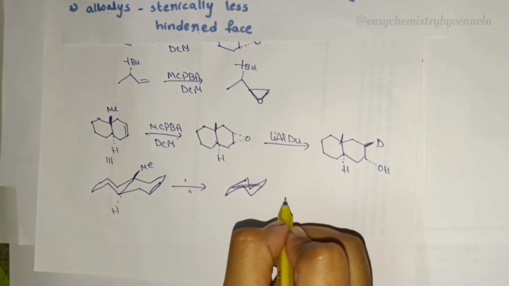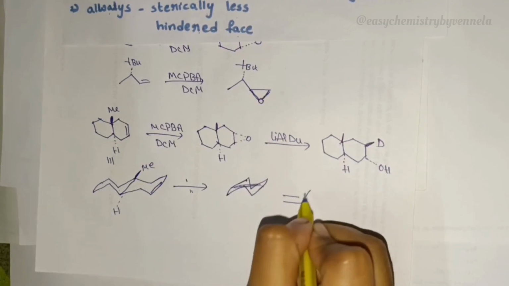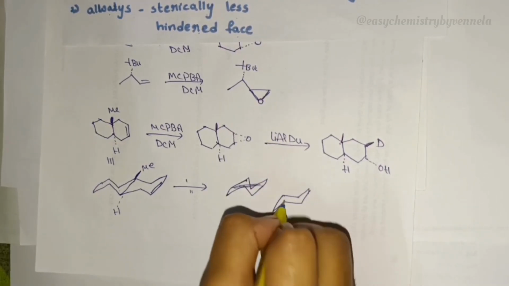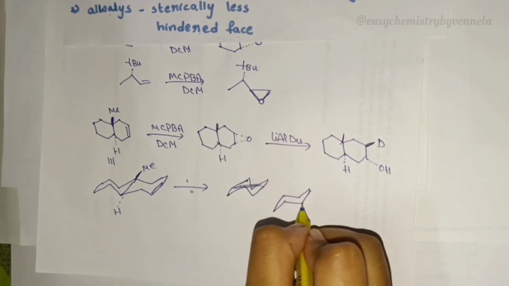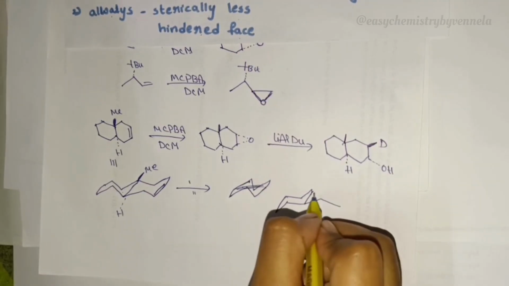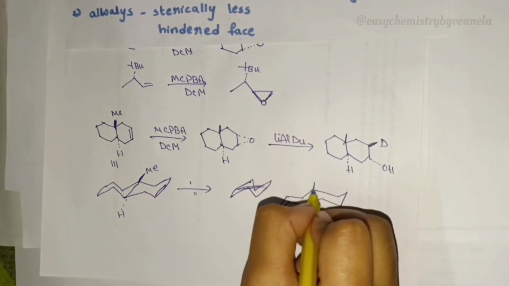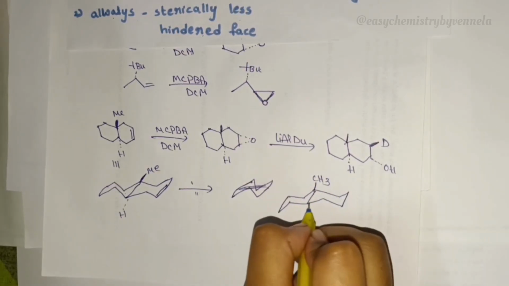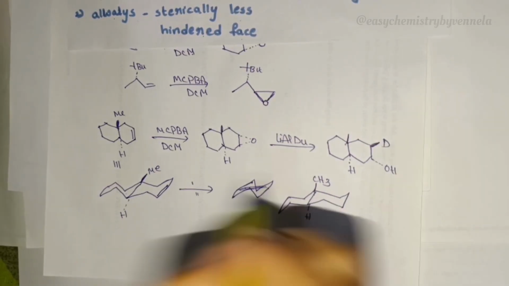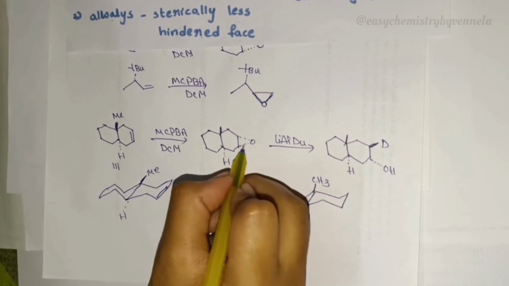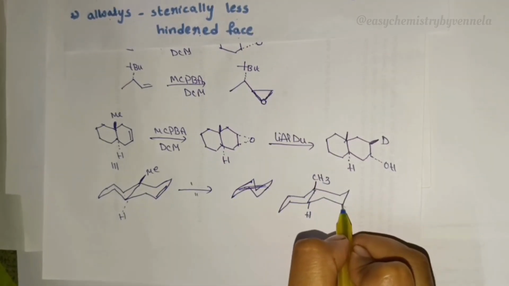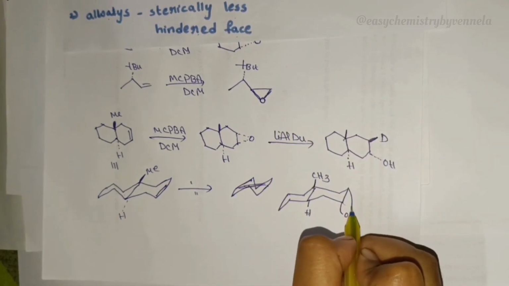Here the methyl group, here hydrogen. It is below the plane. That means you can write like this.